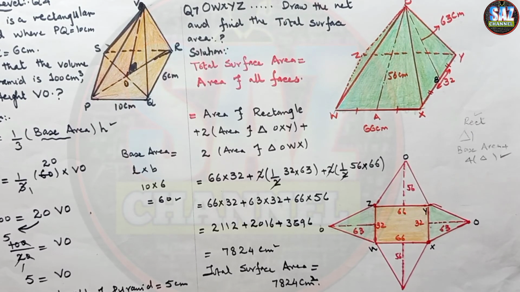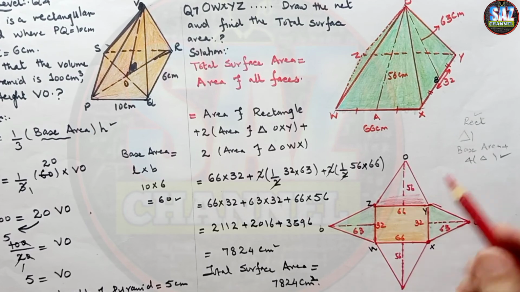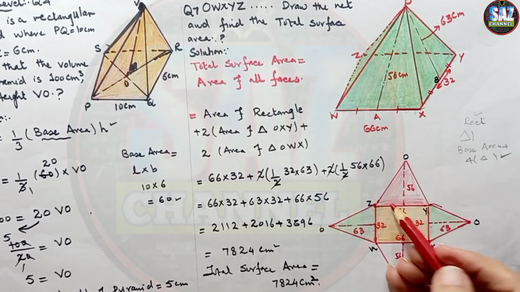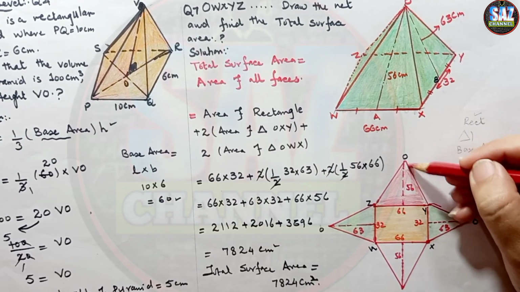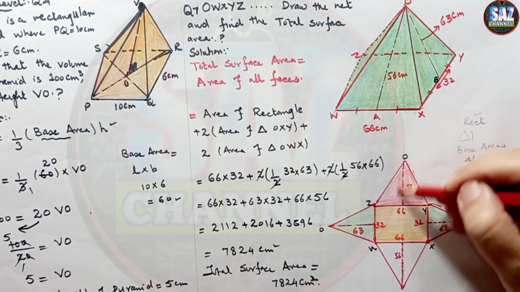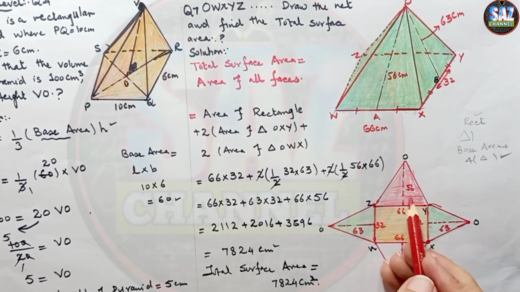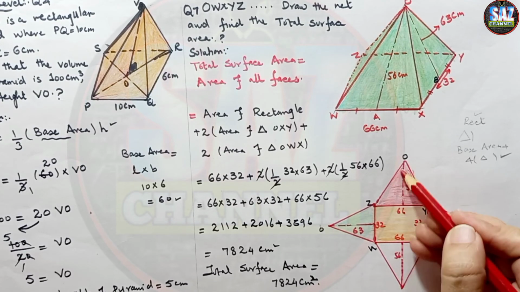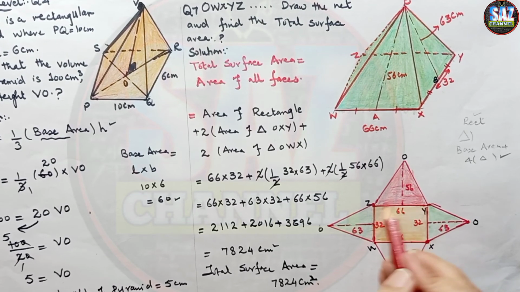And finally we have to add up all the areas in order to get the total surface area of this solid. Really easy and interesting questions, because they give us the opportunity to have some artwork. And please enjoy your artwork.